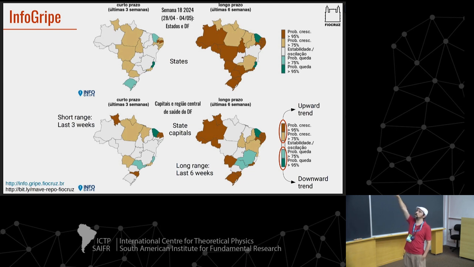So each state here is colored based on the estimated trend as of now, based on the long-term projection and the short-term projection, okay? This is easier to make a decision from. It's the exact same information, but presented in a completely different manner and much more actionable than the previous one, okay?